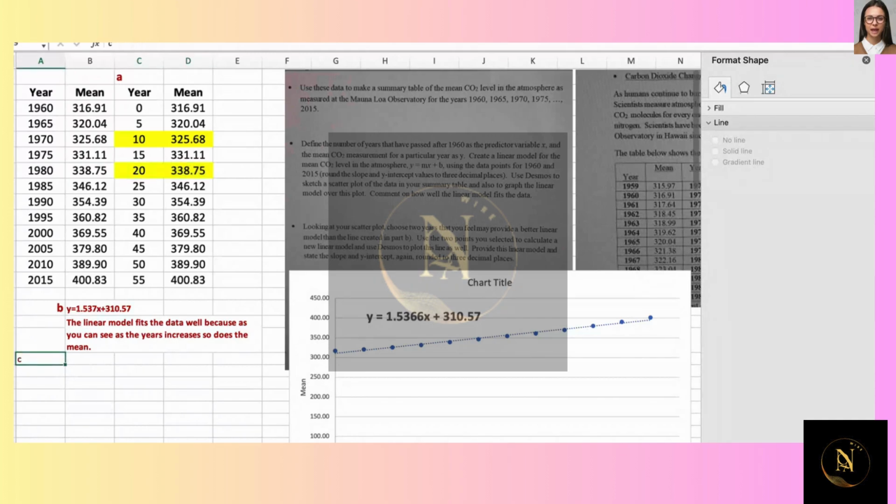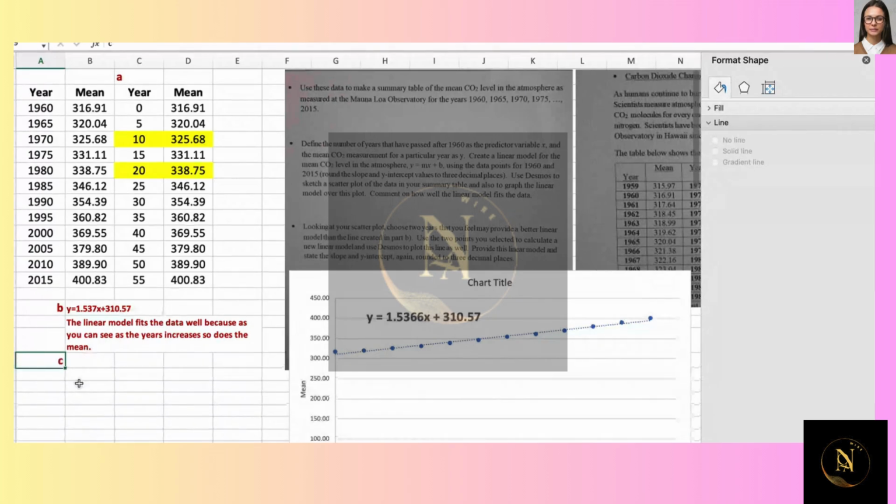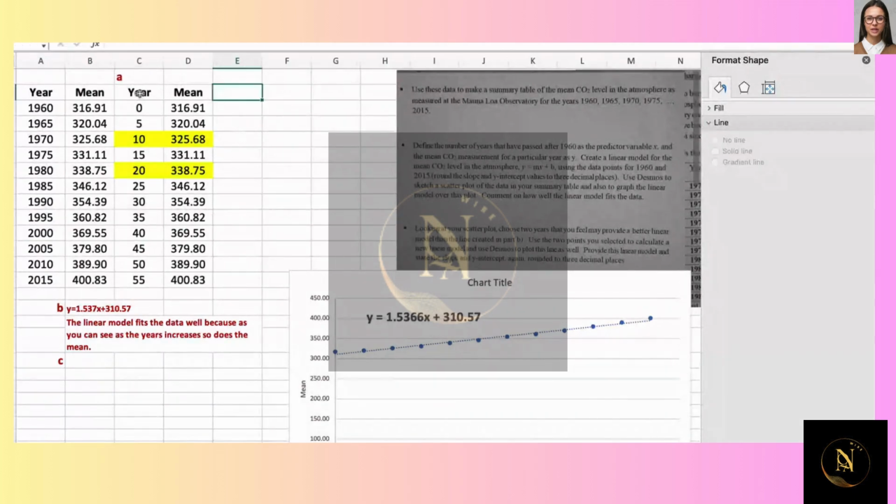And if I was going to make a table or a new graph, this is going to be 10, 15, and then I'm going to insert a new scatter plot.